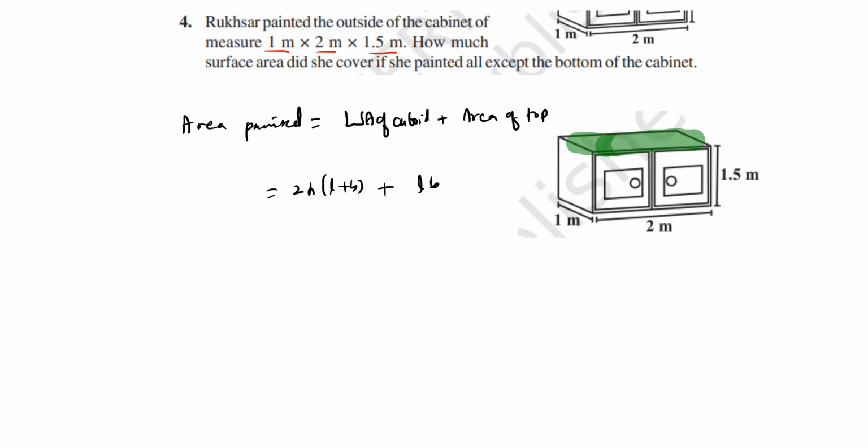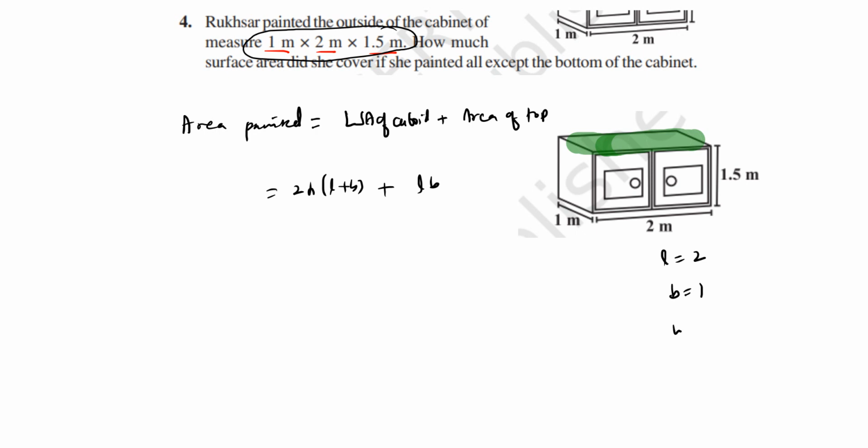So in this question, L is equal to 2, B is equal to 1, H is equal to 1.5. Wait, sir, did you say that length is 1? But according to the figure it is different, no? Okay, so in the figure you can multiply these two. 2 multiplied by 2.